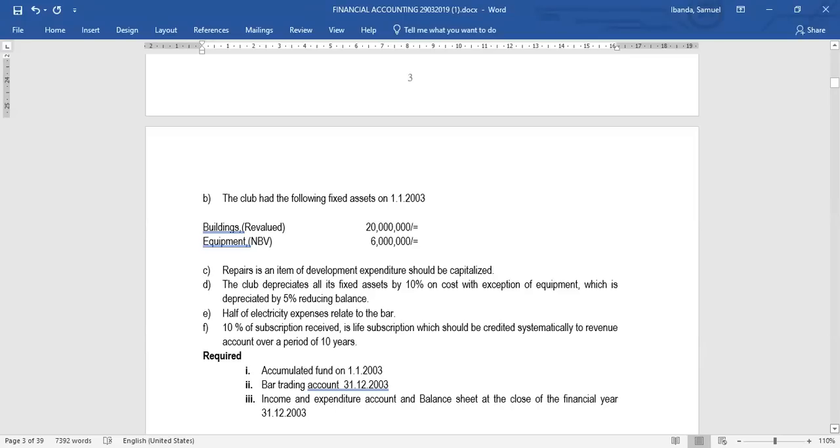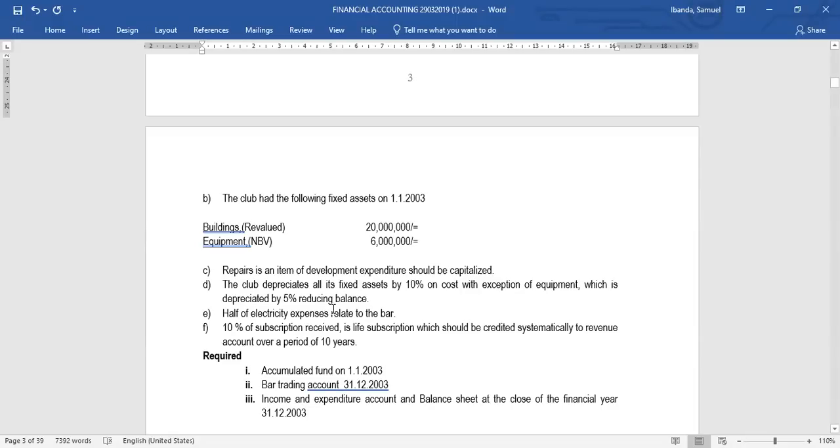Okay. They're saying the company depreciates all its fixed assets by 10% on costs, with the exception of equipment, which is depreciated at 5% on reducing balance. I trust right now you know what this means.